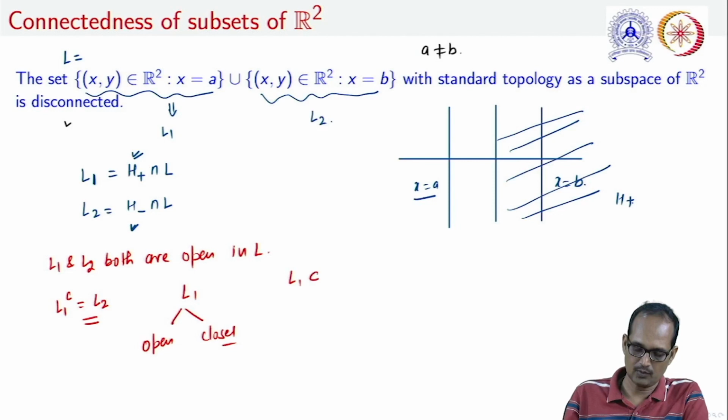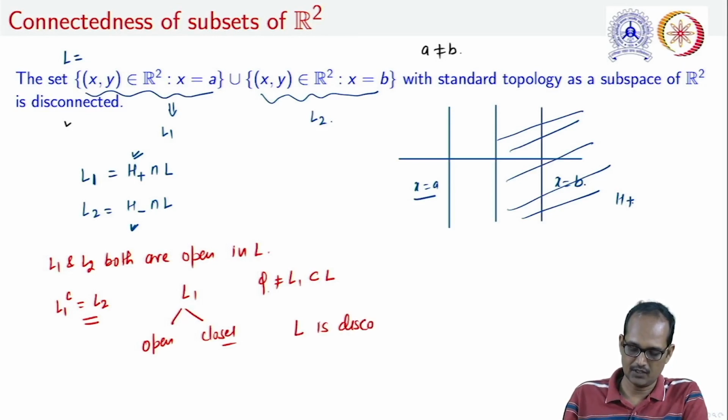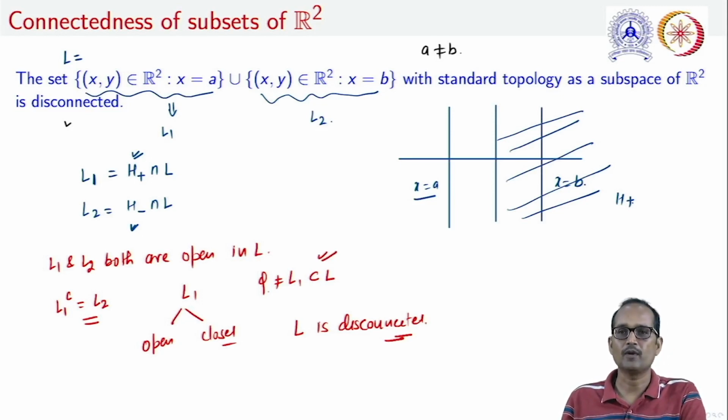L1 is a proper subset of L and this is non-empty too, and therefore we can conclude that this L is disconnected, because we have shown that there exists a non-empty proper subset of L which is both open and closed, and therefore this L is disconnected.